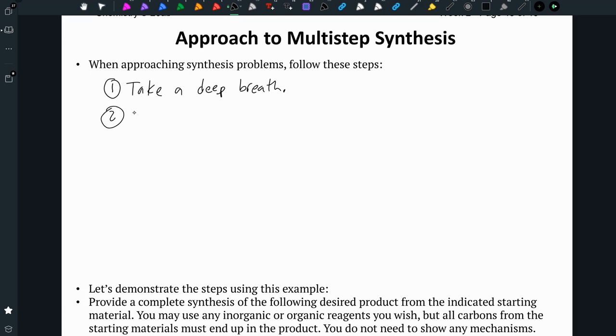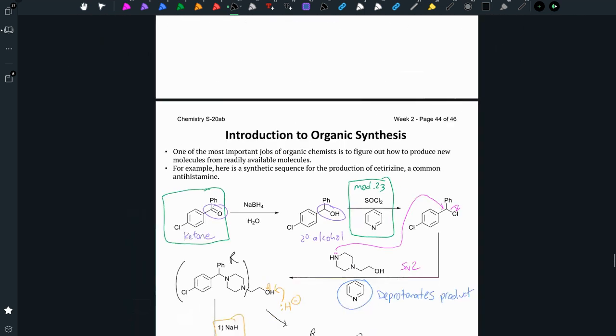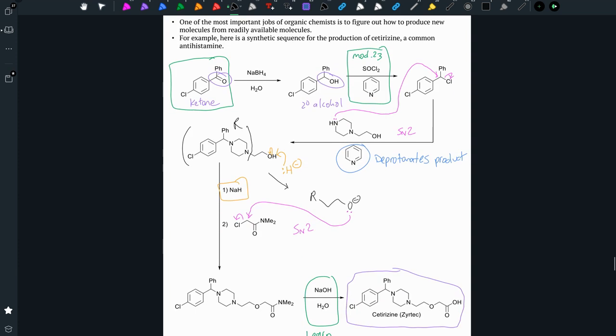Next, I want you to identify functional groups in the starting material and the product. All right. Looking back at the synthesis I used to introduce this, if you were given this page and you were just shown the beginning and the end, wow, that looks really overwhelming.